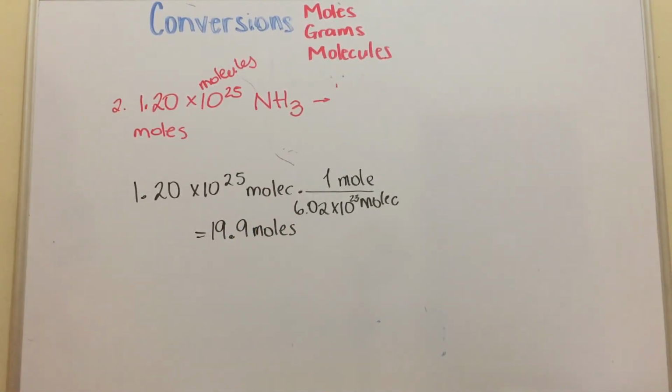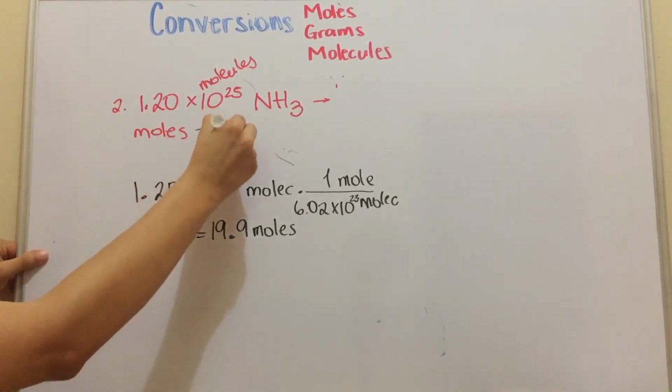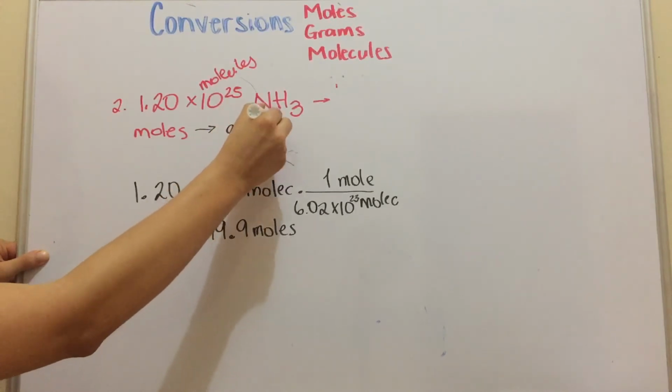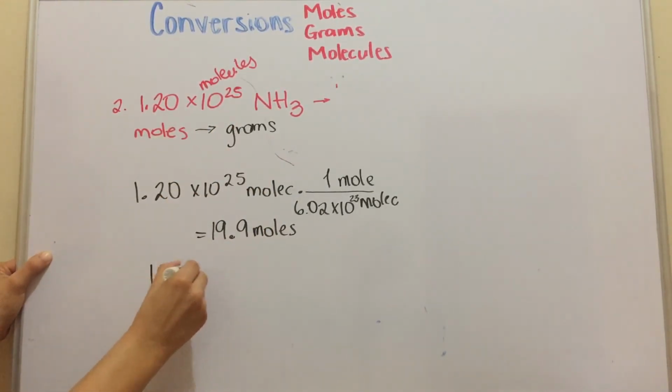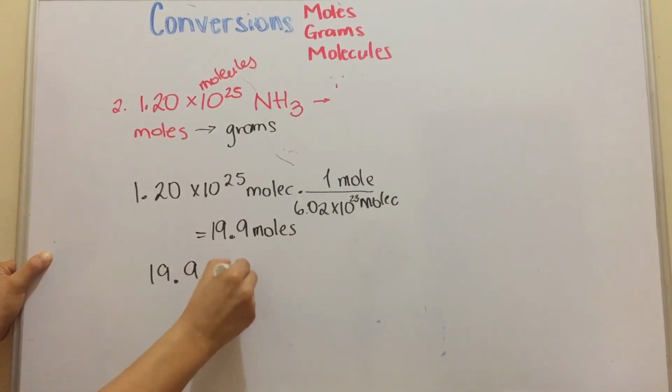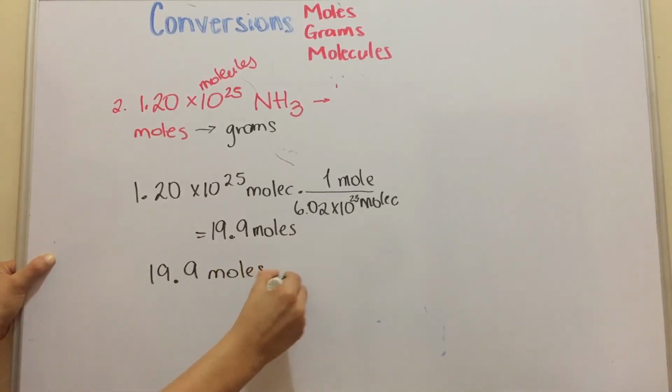If the exercise doesn't stop there, and it tells you to go on and convert to grams, we continue this procedure. We have 19.9 moles, and we're going to convert it to grams.